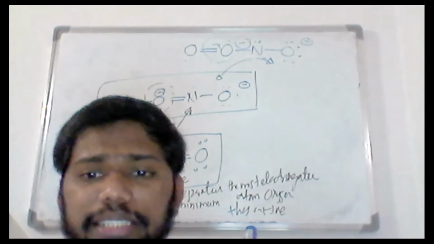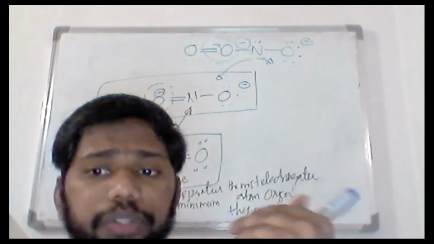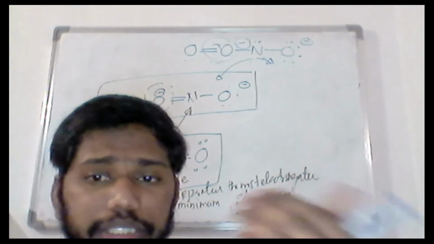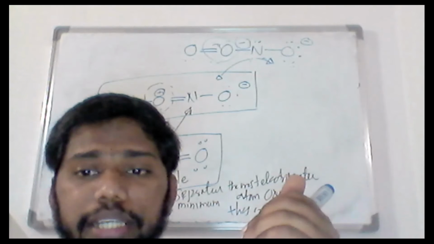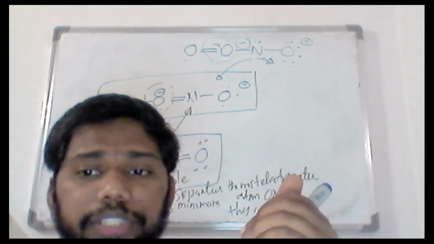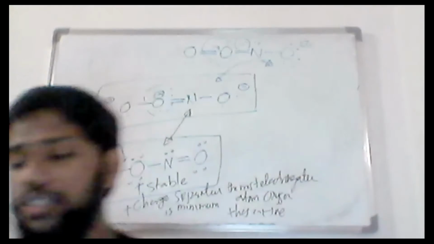So the next thing is we want to deduce the structure or the shape around nitrogen as well as oxygen attached to both nitrogen and oxygen. So we will consider that for our Lewis structure.